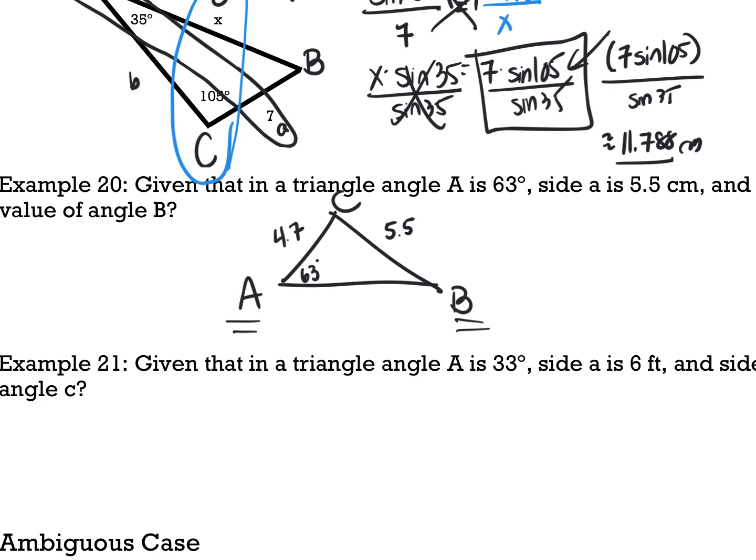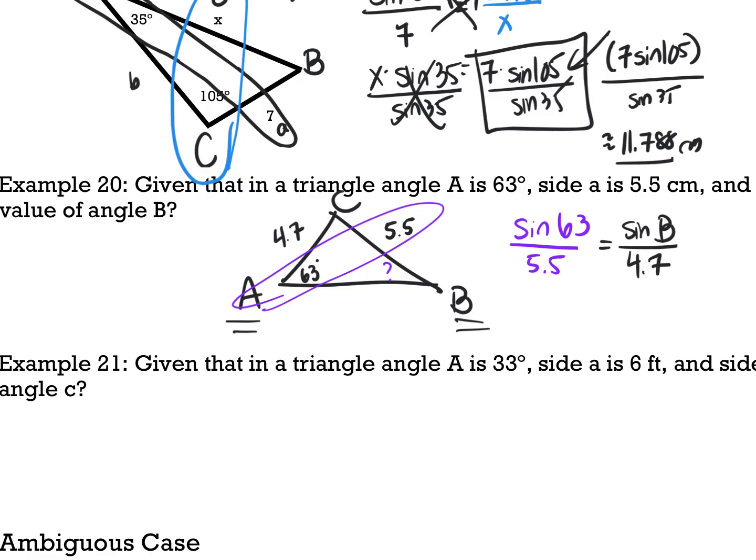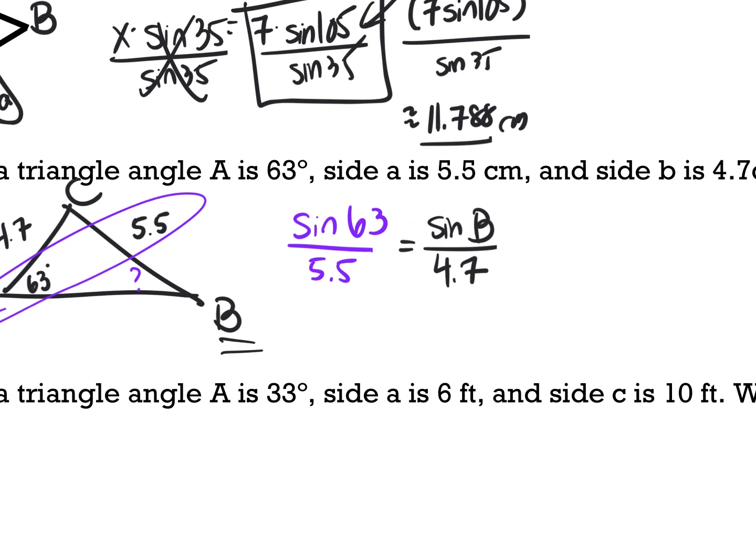So what we do is we look at, again, I have a matching side and angle here. I want to know this angle here. So I can say sine of 63 divided by 5.5 needs to be in proportion to sine of B over 4.7. And again, this is just a cross multiply type of question.